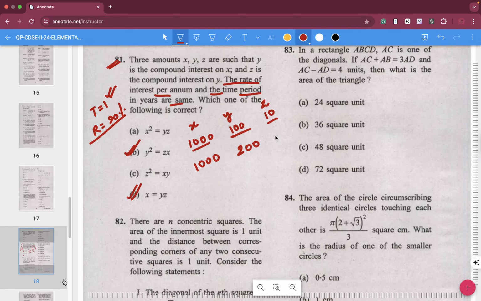And z value will be how much? 20% of this particular value, which is 40. Can you get x is equal to yz?